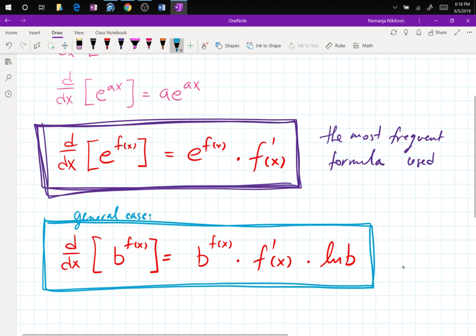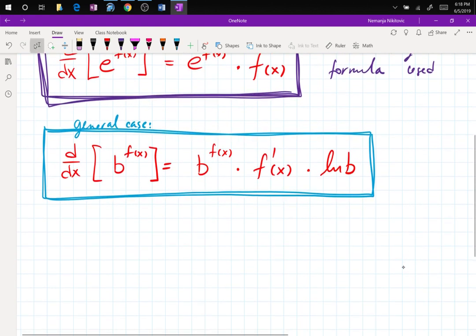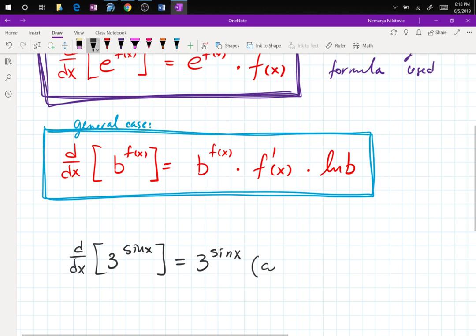Again, for purposes of mathematical gymnastics, we can always ask a question like, what's the derivative of 3 to the sine x? And then you will just follow the formula. The first tells you to copy what you see. The second one tells you to take the derivative of the exponent, which would be cosine x. And the last one is to put ln of 3.